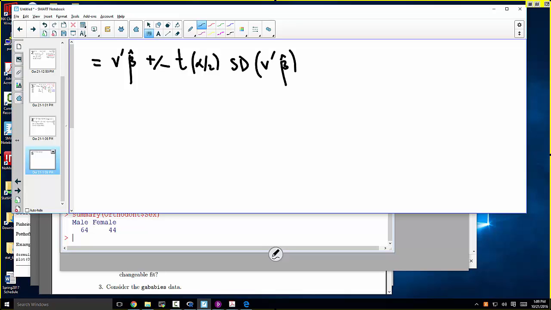And we've seen how to do a variance calculation of a constant times a random vector.